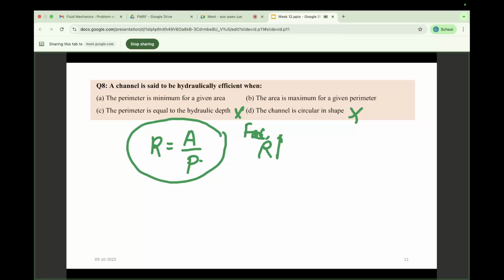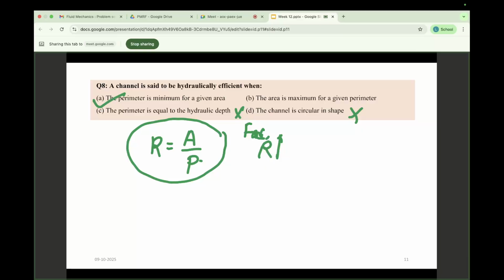Why I am saying this is that for a given cross-section area, if the area is fixed, and I am talking about option A, that means there is a smaller wetted perimeter. Friction basically occurs on the wetted perimeter, so the friction will be less and efficiency will be more. So option A will be the correct answer.